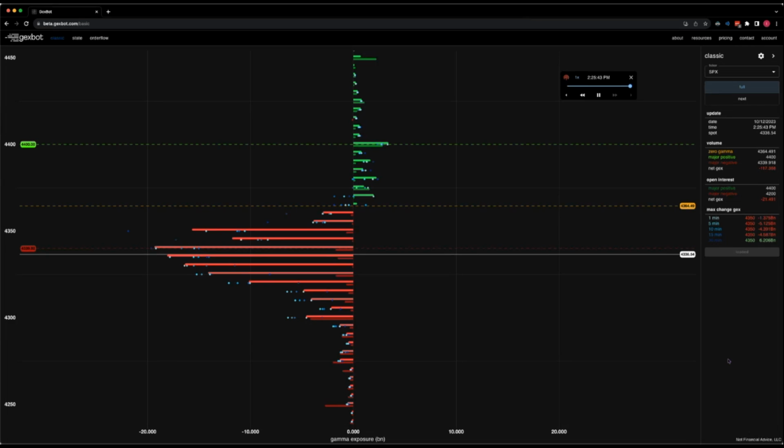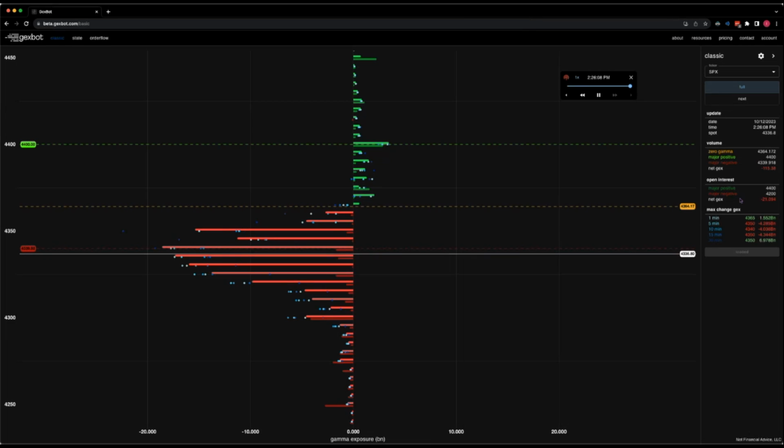That green line is just indicating the price at which call option holders' positions will undergo max convexity. And for major negative, it's the same for put holders. And then zero gamma is our neutral point between the two.